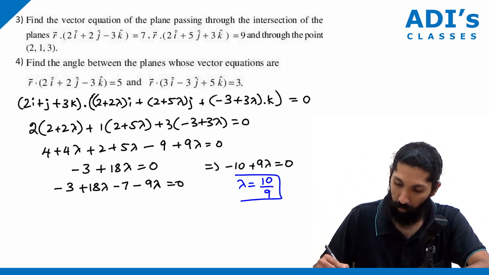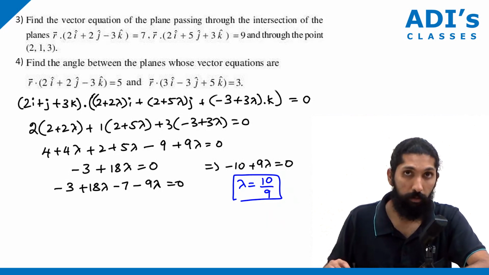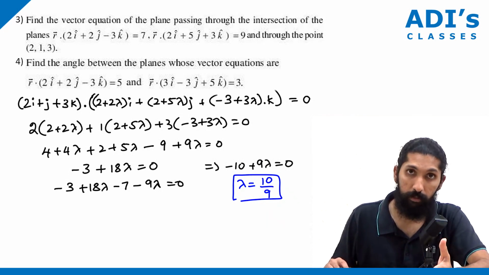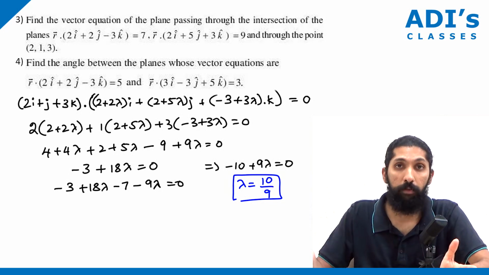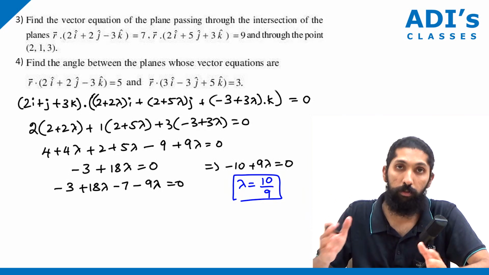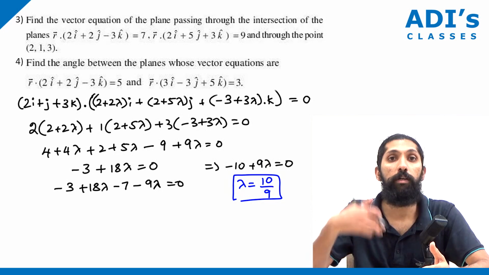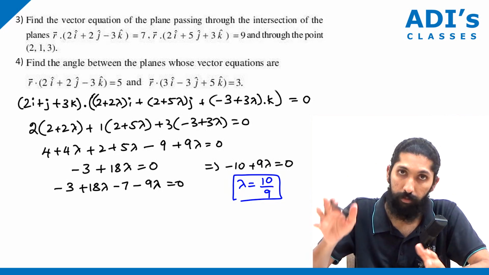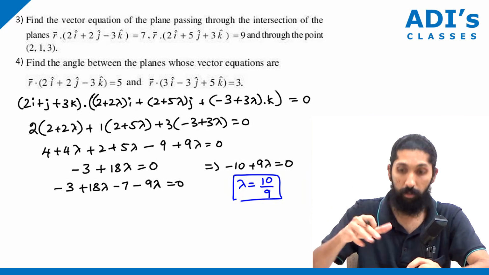Now once we got the lambda value, what do we do? Because we are looking at the equation of the plane, isn't it? What is the equation of the plane? R dot (n1 plus lambda n2) is equal to d1 plus lambda d2. We got the value of lambda. Substitute, and once you substitute, you are going to get the value. So now let's do that part.